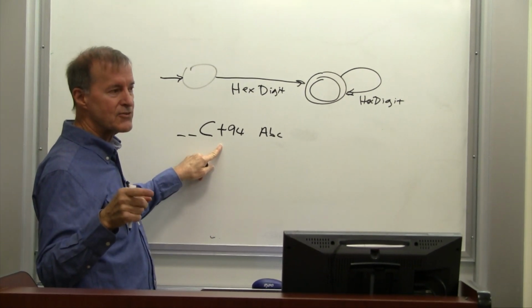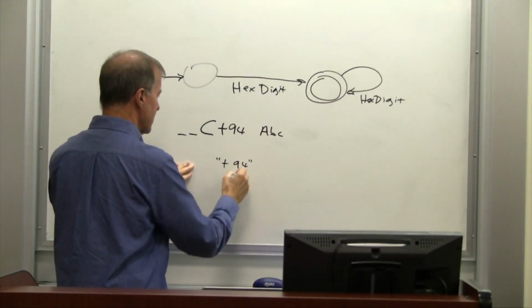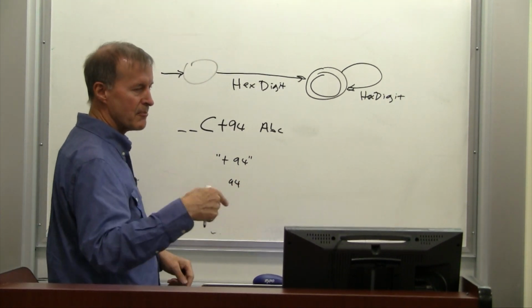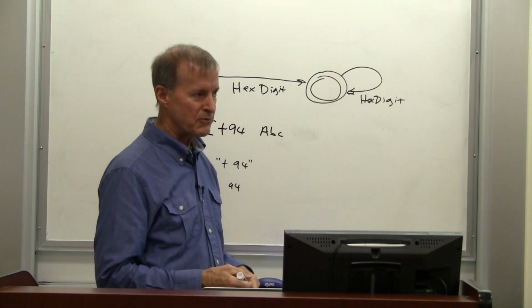It converts it to an int value. Okay, so that int value of type int is the integer value of the string plus 94. So the int value is 94. So this is the string, this is the int value. It does that by multiplying by 10 each time it goes through the loop. Same technique we used before.